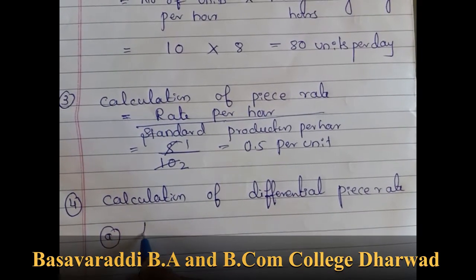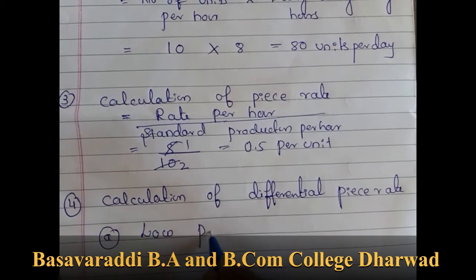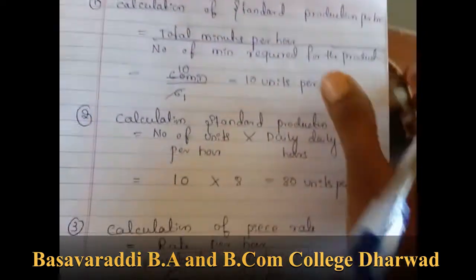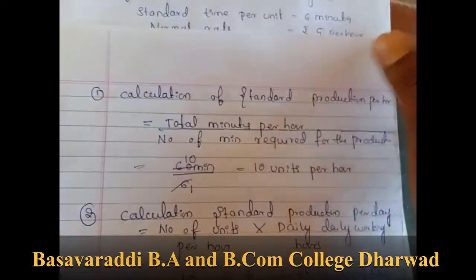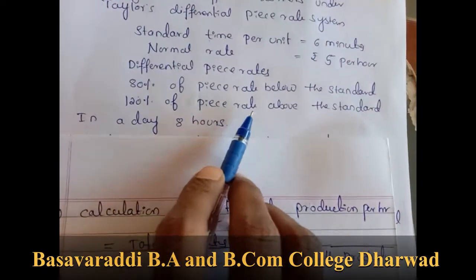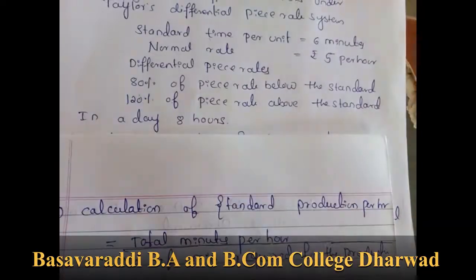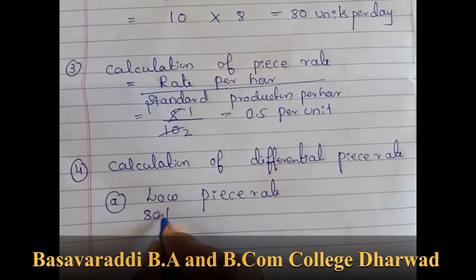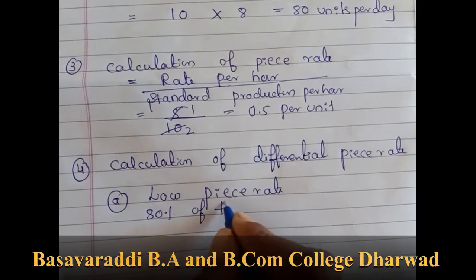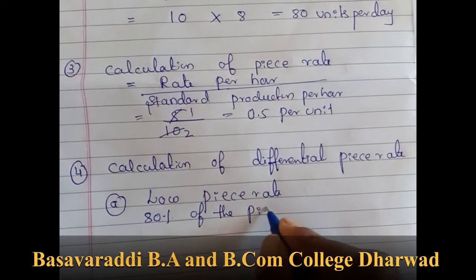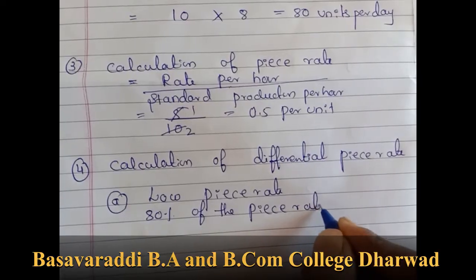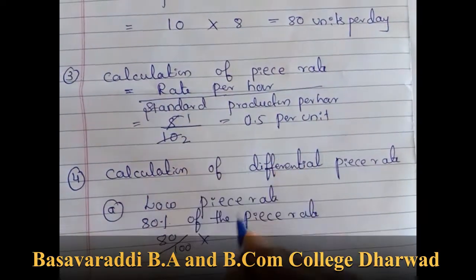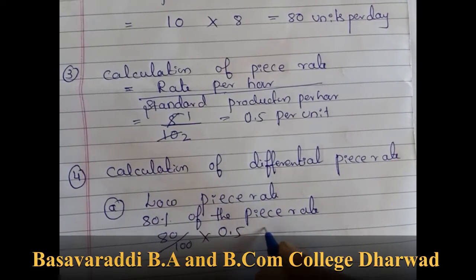A, low piece rate: 80% of the piece rate, as it is below standard. 80 divided by 100 into piece rate 0.5.